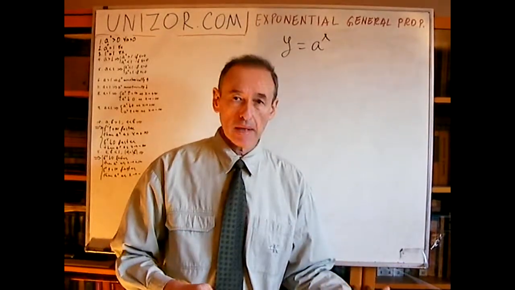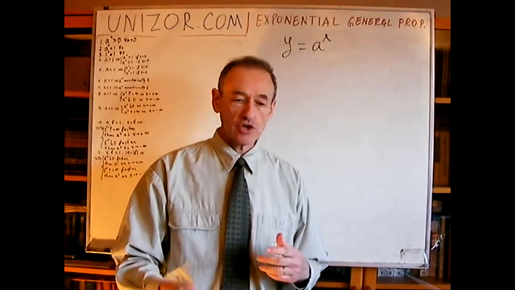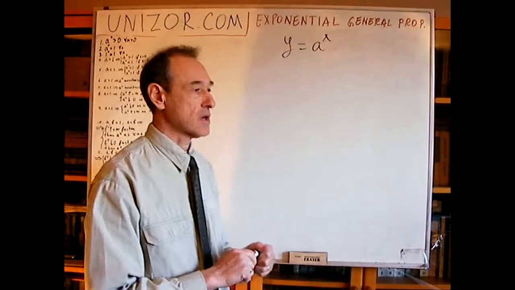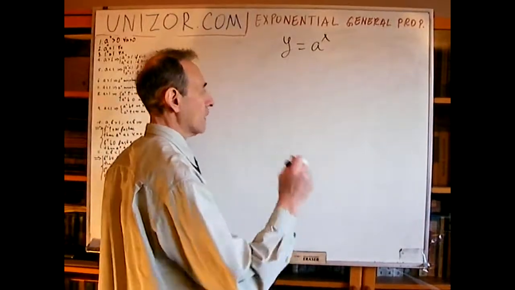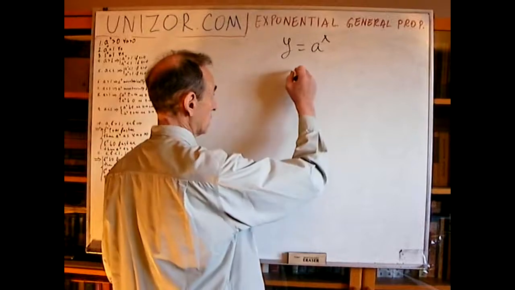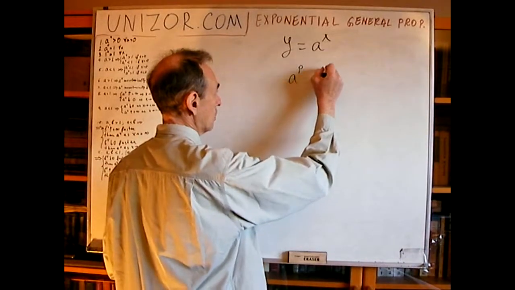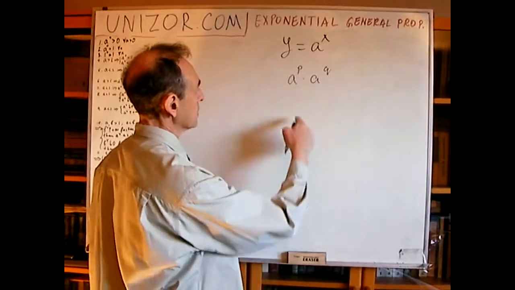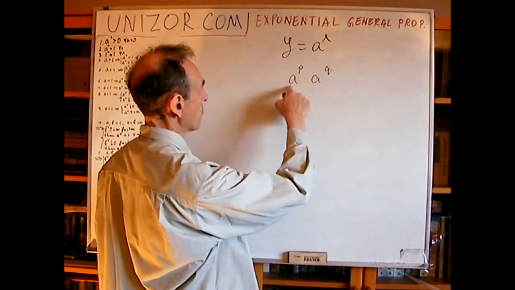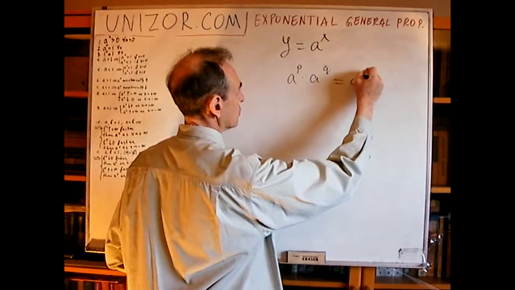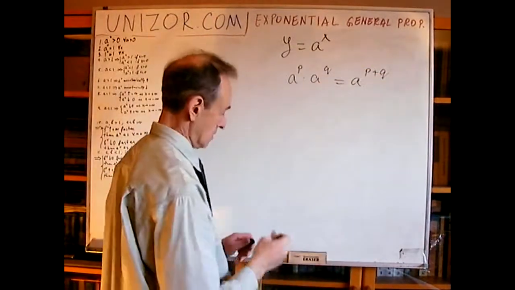But then I expanded this definition to rational numbers, zero, negative numbers, irrational numbers, basically all based on one very important property of exponent: if you have a product of two elements, each one of them is some base and some exponent, then it's equal to this.